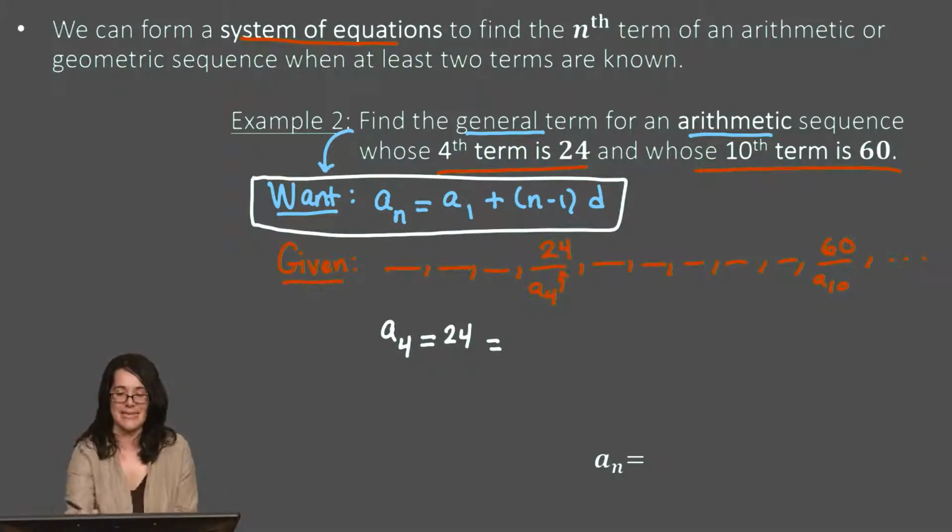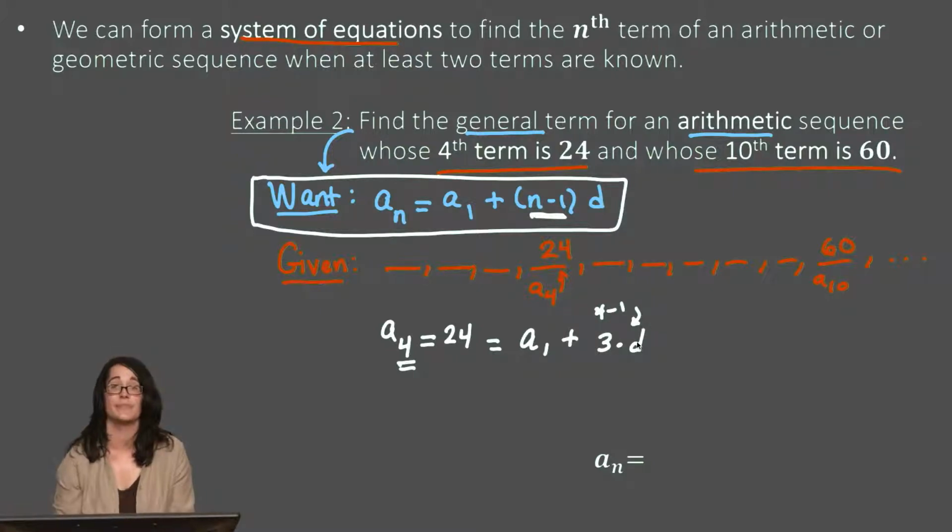So in this case, this would have come from a1 plus how many copies of d? Well, if n is 4, that's your n here. 4 minus 1 is 3, right? So 4 minus 1, if you need to see it. 4 minus 1 is 3. So 3 copies of d.